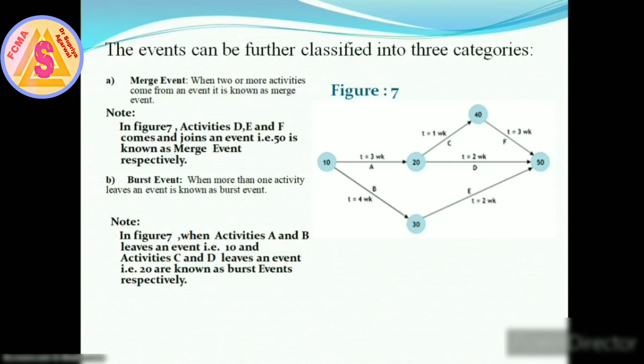Whereas when more than one activity leaves an event, it is known as a burst event. In the same figure, activities A and B leave event 10, and C and D leave event 20. So 10 and 20 are known as burst events.